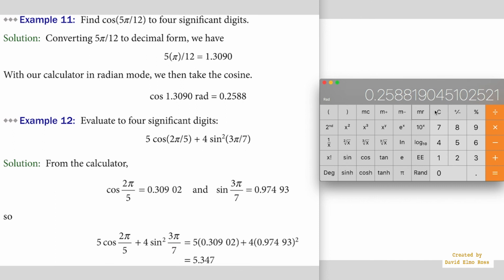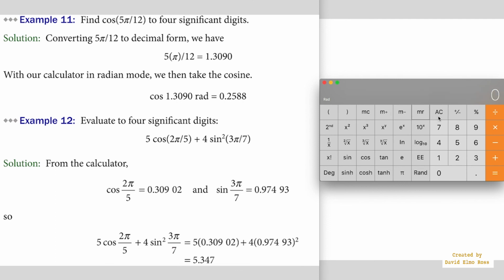Example 12 is a little more interesting. It says find this to 4 significant digits. So let's do 2 times pi equals, divided by 5 equals, cos of that, and then times 5 equals. Now that's the first part here, and we're going to do a memory plus on that.